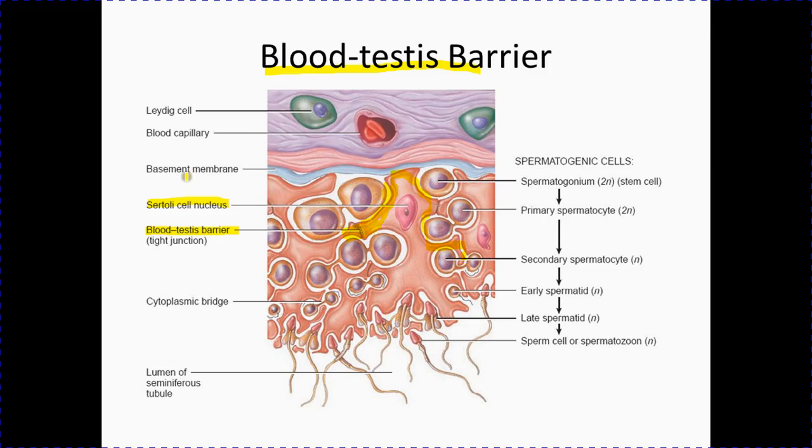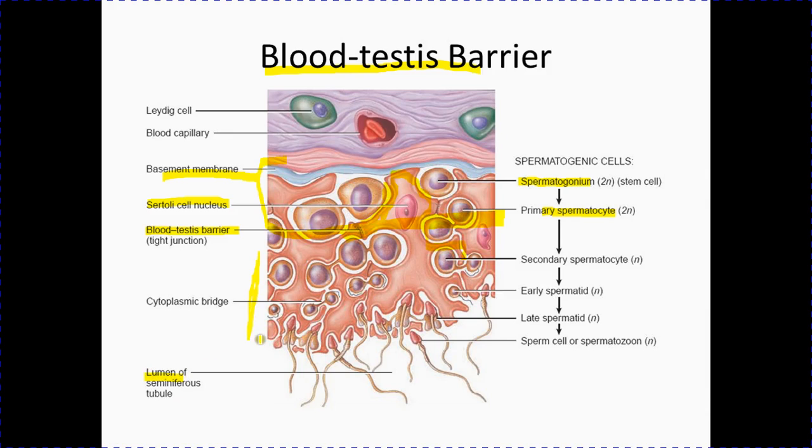Near the basement membrane, there is a basal compartment. So this is the basal compartment. The basal compartment mainly has immature cells, the spermatogonia and the primary spermatocytes. And this is the adluminal compartment. Which compartment? Adluminal, because it is nearer the lumen.